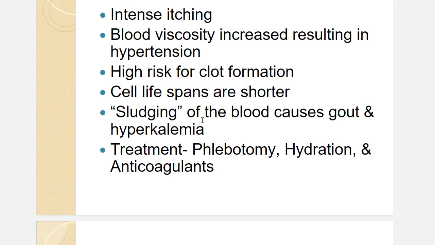Okay, so those are our concerns when our patients have this until we can get some treatment on board and hopefully get this worked out so that we can get some normal cells on board. Like I said, if it's left untreated, a patient will never live longer than 2 years.